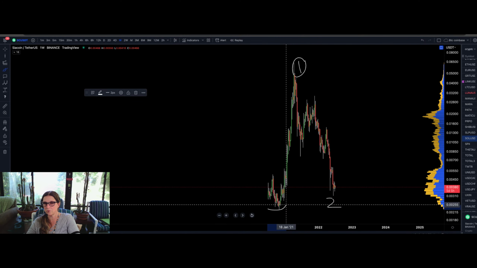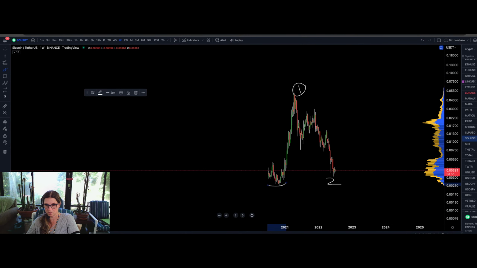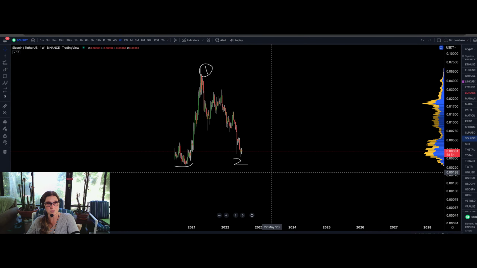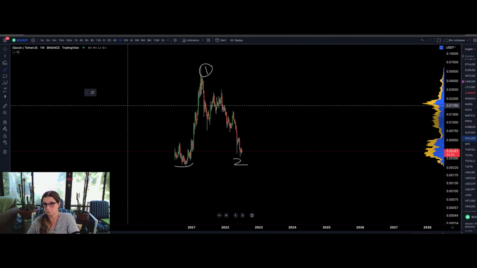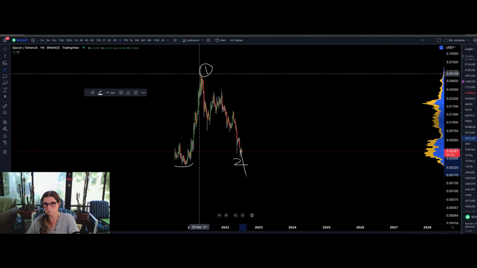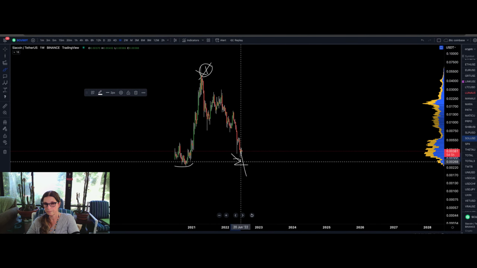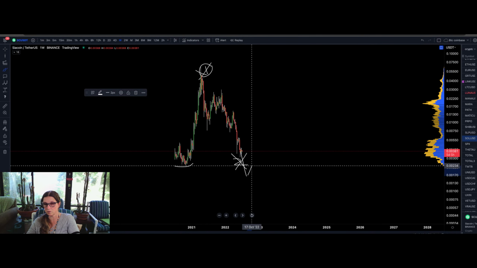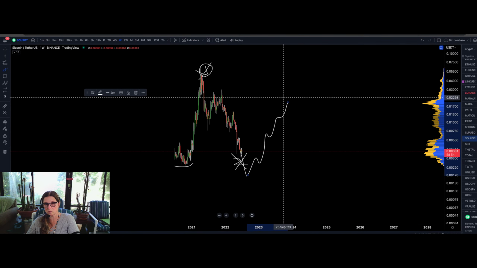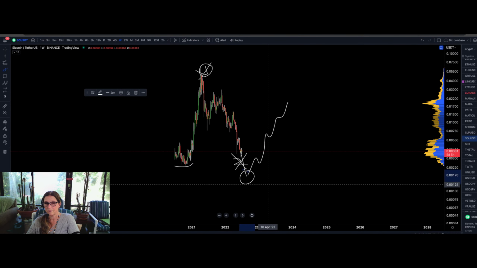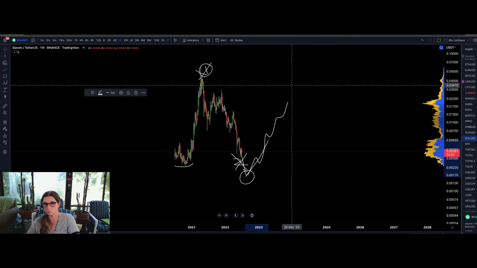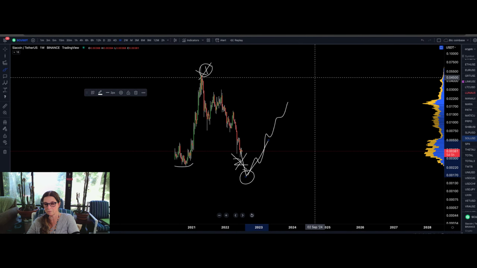Now, what will it mean if we break it? I'm sure some have wondered. Well, all it means, guys, is that we break the low. It just means we're not in a 1 and we're not in a 2. The market is starting over from this low, and if it makes 5 waves, that's its new wave 1 potentially.